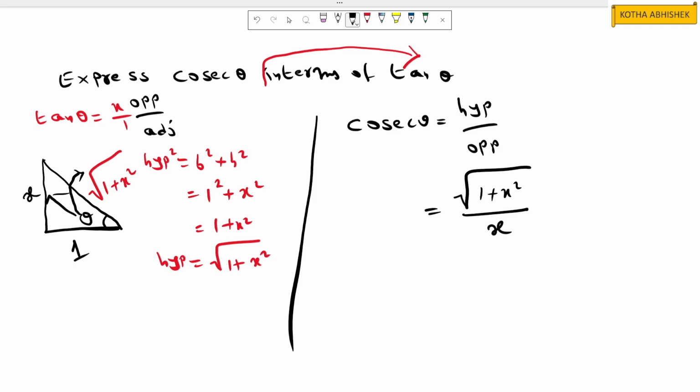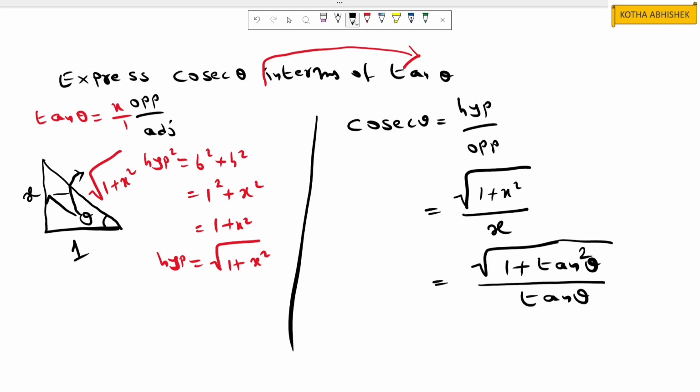So x as it is here. Now here tan theta means x, right? So replace that x with tan theta. But here square is there, so write it as tan square theta, whole divided by, in the denominator we have x. X is nothing but we took it as tan theta, right? So write it as tan theta here. So cosec theta equals under root 1 plus tan square theta whole divided by tan theta.